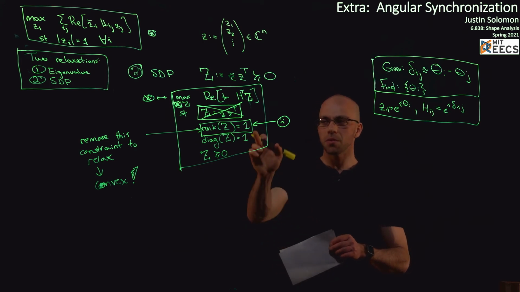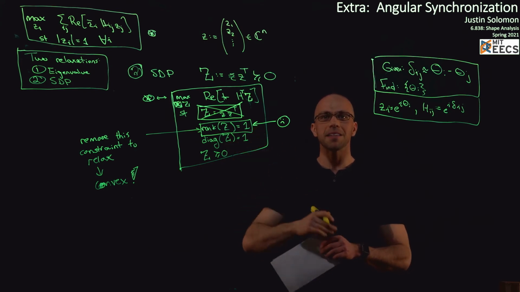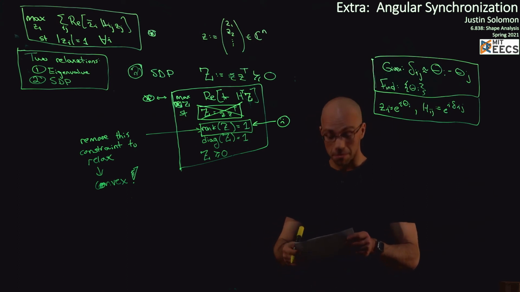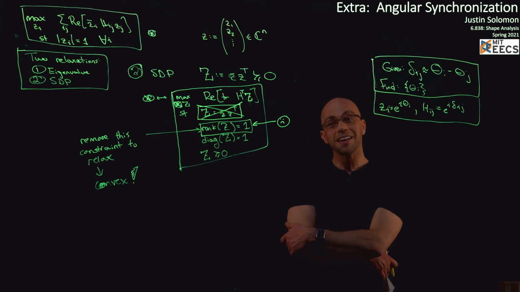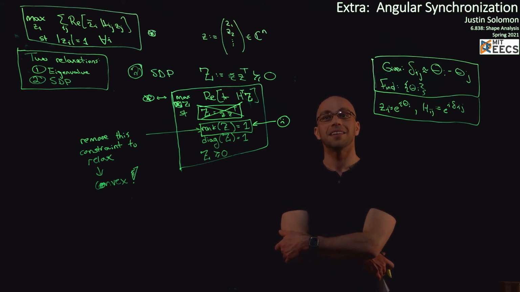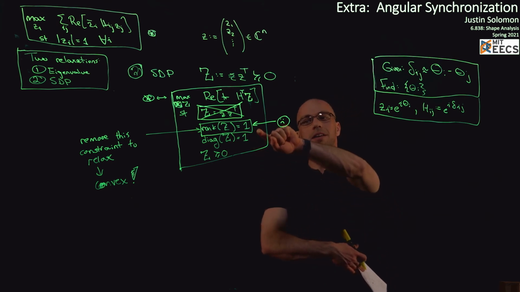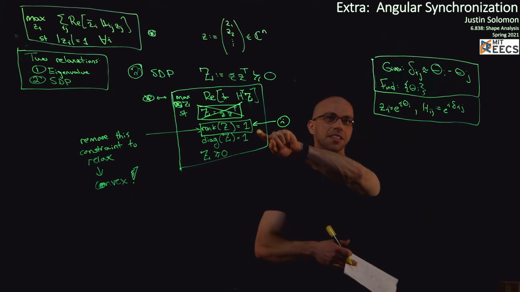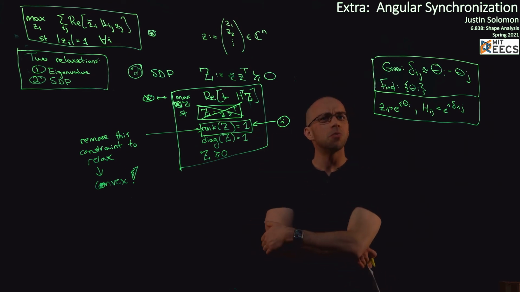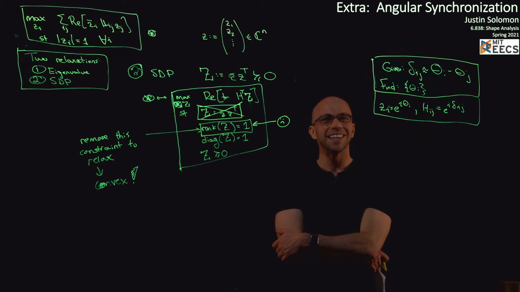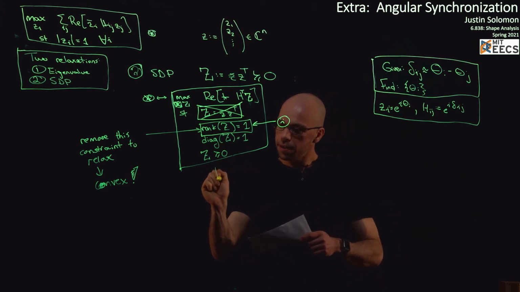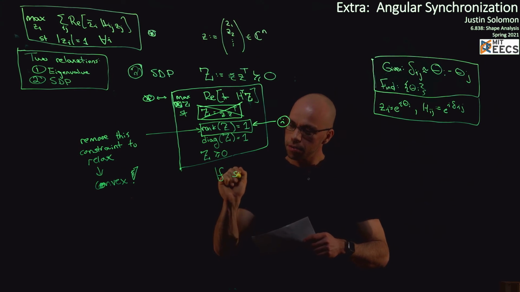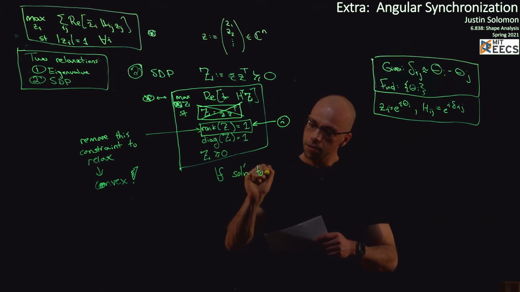I dropped the rank 1 constraint, I optimized, and I got the global optimum of the relaxed problem because it's convex, and it happened to be rank 1. Well, if I'd added that rank 1 constraint back, my optimal solution wouldn't change because it was already rank 1.